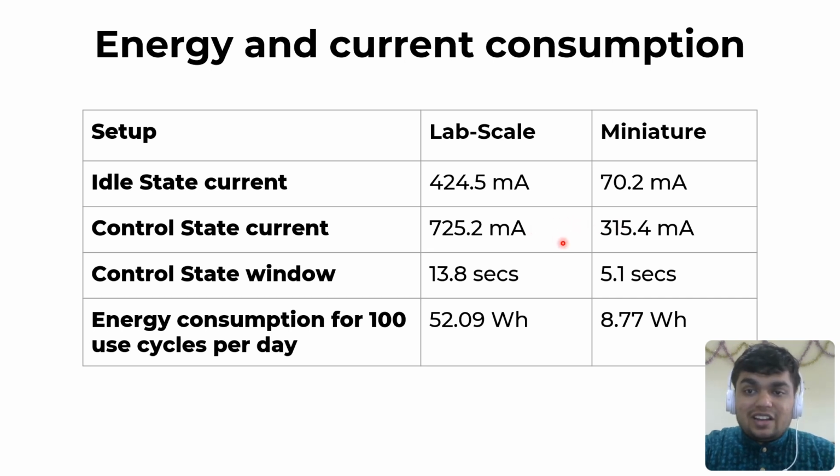Also to be noted is that the control state current for the miniature setup is lower than the idle state current for the lab scale setup. This is due to the shift to ESP32 from Raspberry Pi as controller for the motors. Thanks to the lower current values, the energy consumption per 100 use cycles per day is reduced to 1/6.